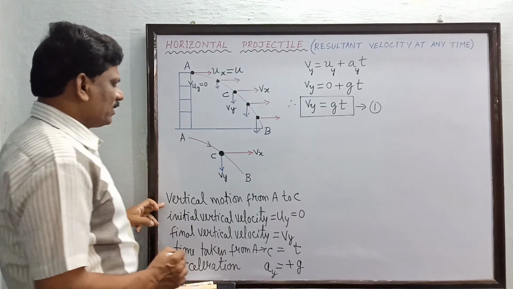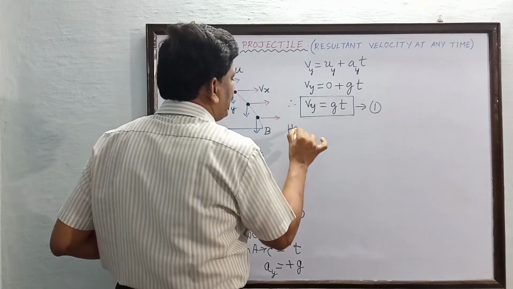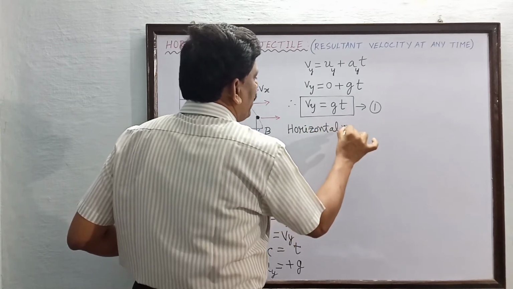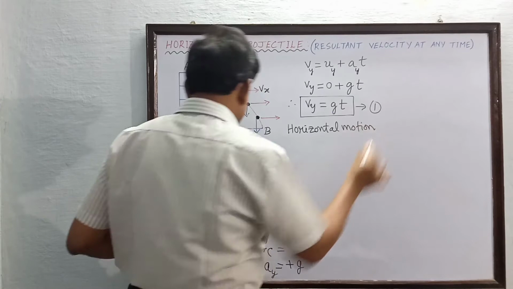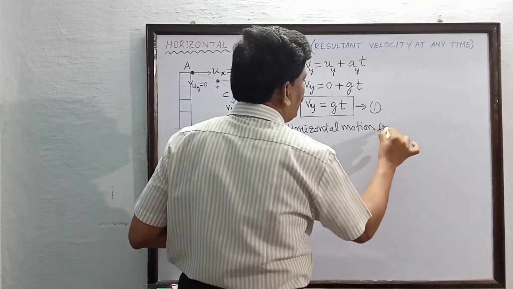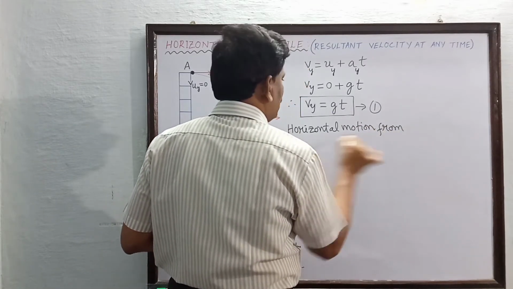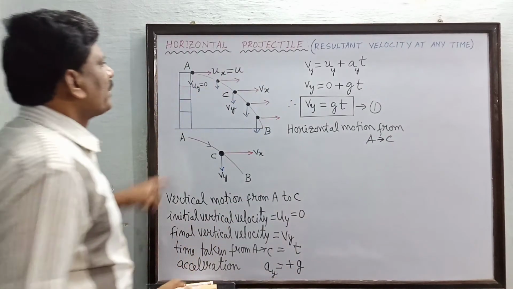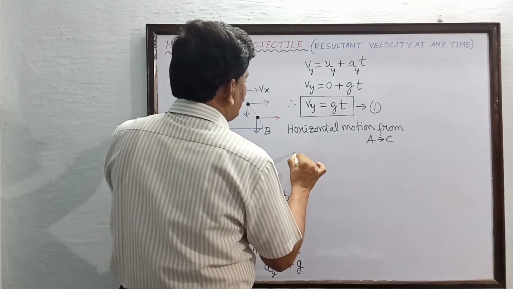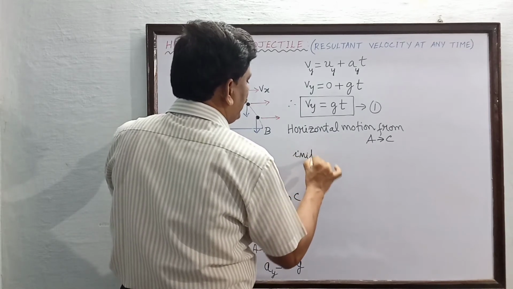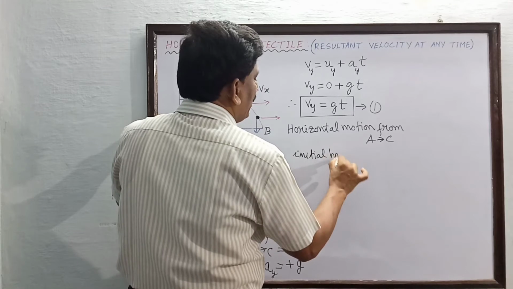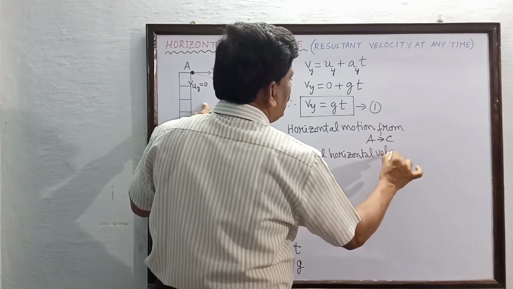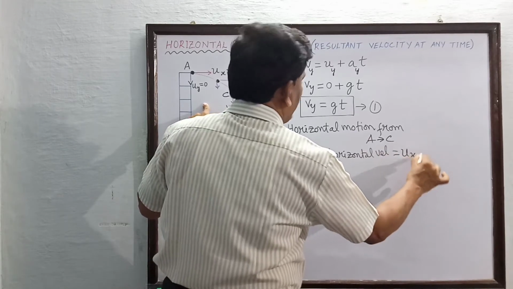Now I am going to consider the horizontal motion, again from A to C. The initial horizontal velocity is equal to Ux.